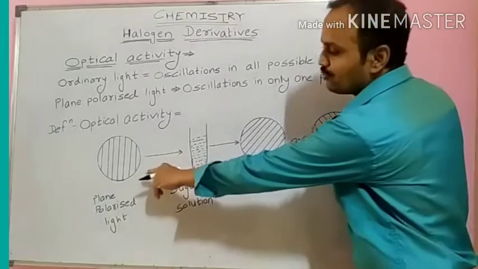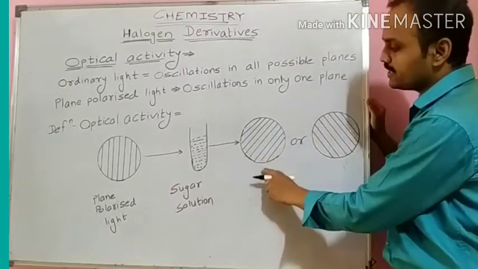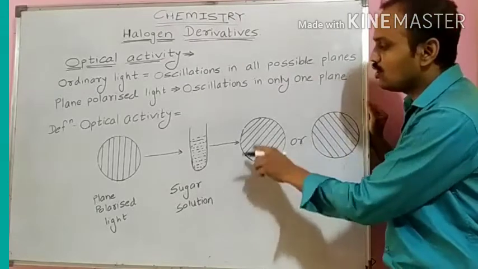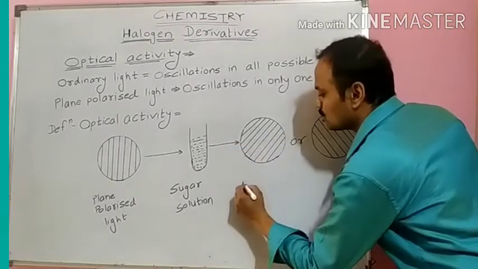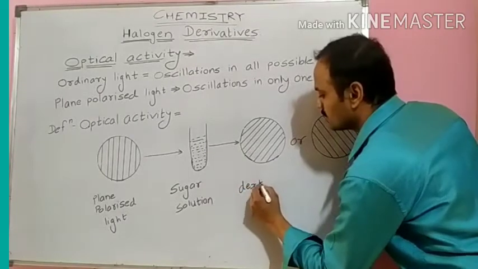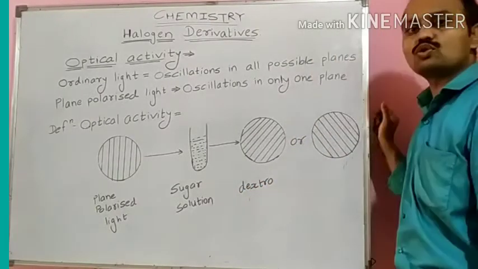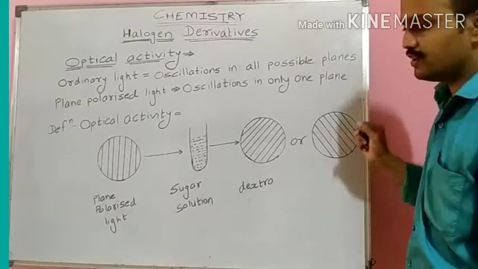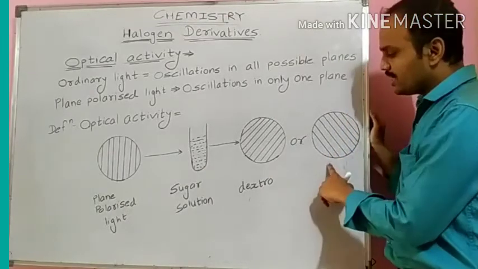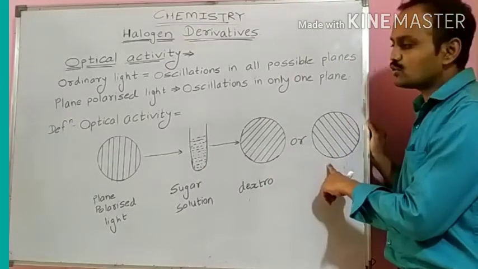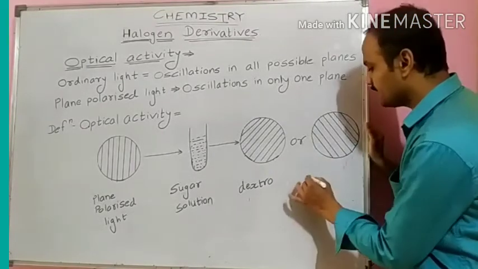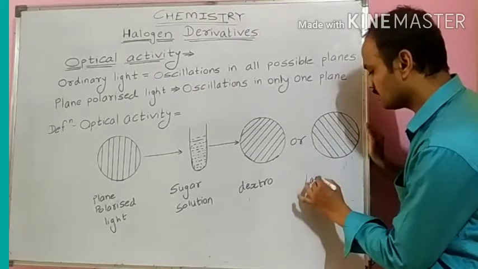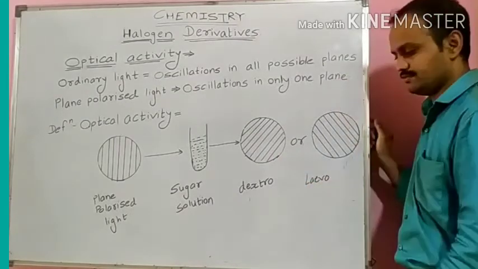Now I told you either clockwise direction or anti-clockwise direction; these two types have different meanings. When the plane of plane polarized light is rotated towards the right hand side or clockwise, it is said to be dextrorotatory, and when the plane of plane polarized light is rotated towards the left hand side or anti-clockwise, it is said to be levorotatory.